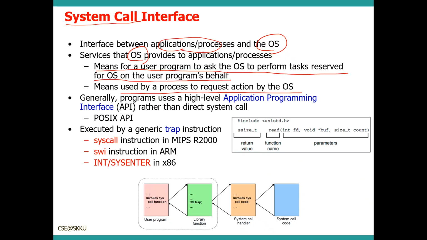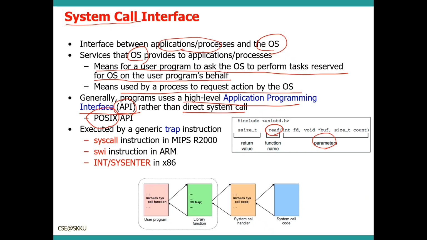Generally, user programs use a high-level application programming interface, called an API, rather than the direct system call. Generally, the API follows a standard called the POSIX API. For example, to access file data, a user application can use the read API. The application passes some parameters to the operating system.